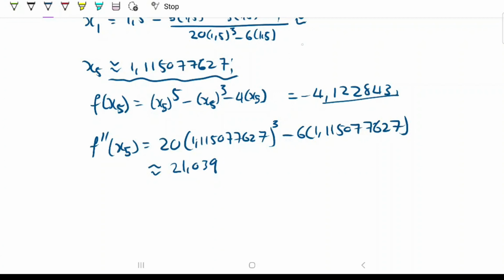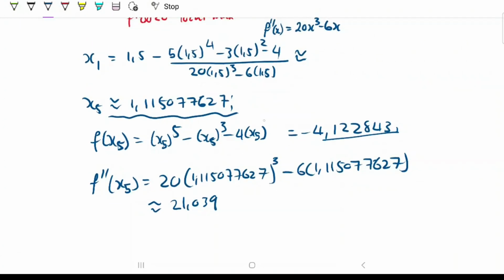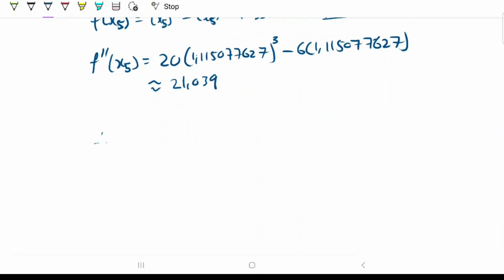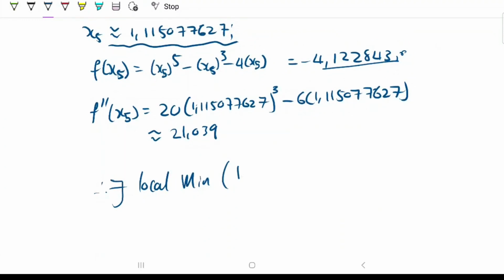So the turning point I was able to work out there is a local minimum. Therefore you could say there exists a local minimum at those coordinates, 1,15077627 and negative 4,122843, and so forth. And that's how we classify this. I hope this has made sense, and I hope that you've enjoyed this. This brings an end to our series on Newton's method.